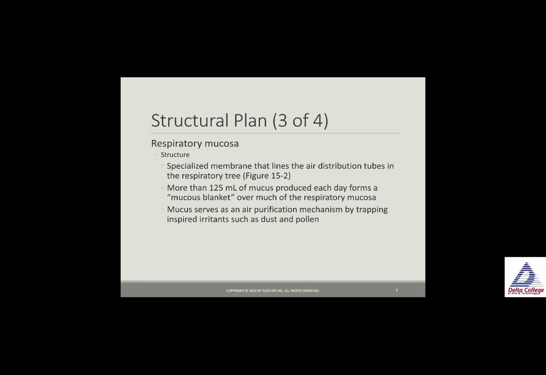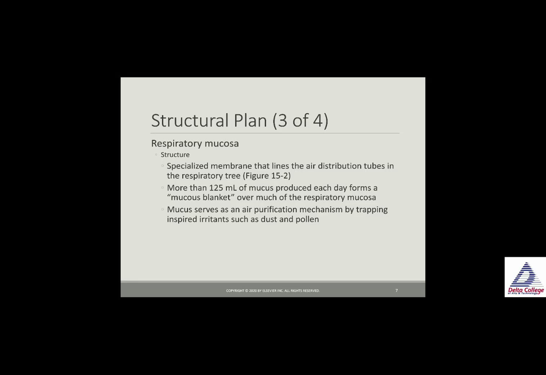So basically, air entering the nose generally contains a lot of irritants, including chemicals, air pollutants, dust, pollen, bacteria, even insects. And it's a remarkably effective air purification mechanism that removes almost all the contaminants before the air reaches the alveoli in the lungs.